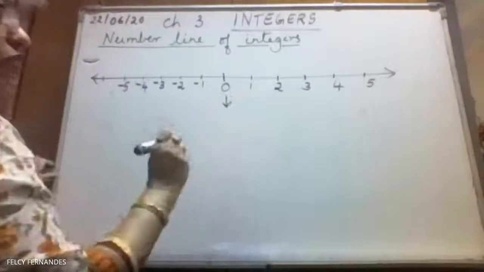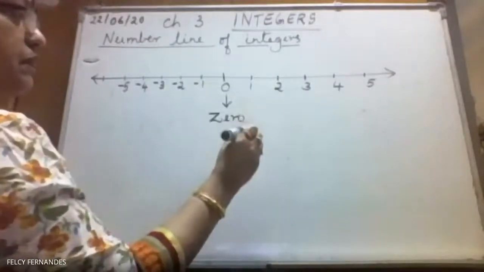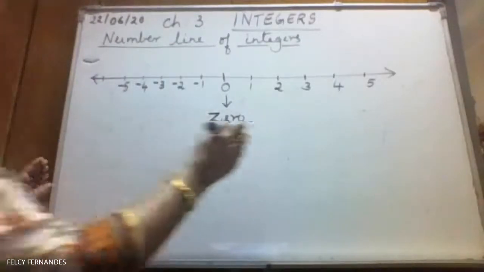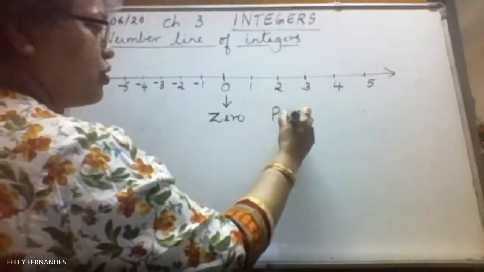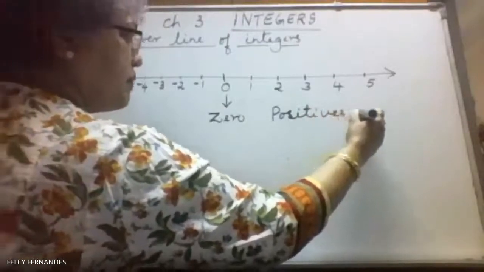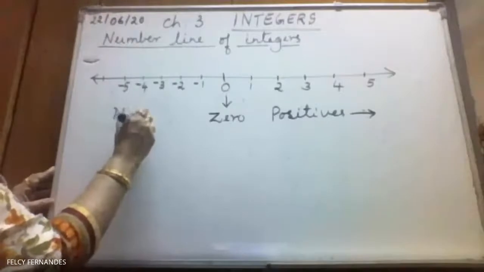Then you can draw one arrow here and say this is 0. And on this right side, you should write positives. And on the left side, you write negatives.